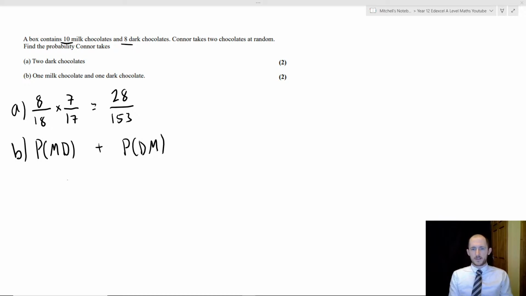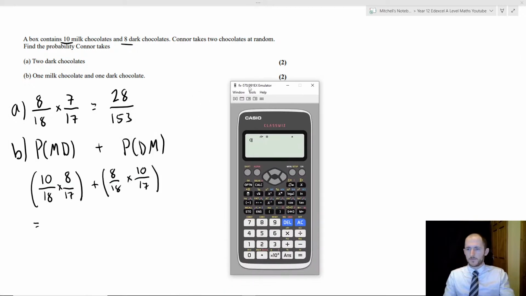So milk chocolate, then a dark chocolate, you will have, so milk first, you would have 10 over 18, multiplied by 8 dark chocolates remain, and 17 overall chocolates. Dark, so that'd be 8 over 18 still, and this would be 10 over 17. You want to add those together.